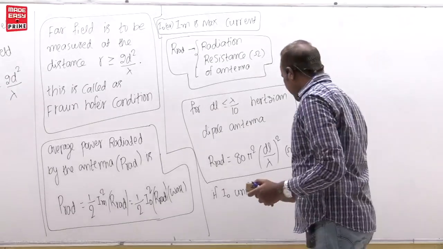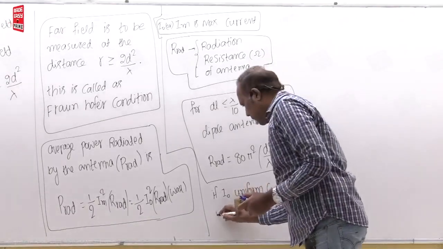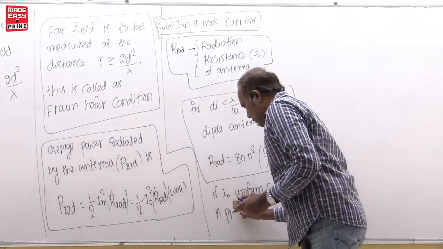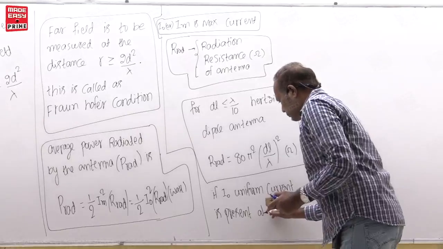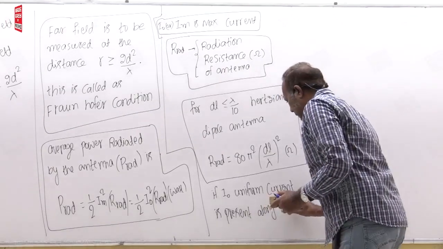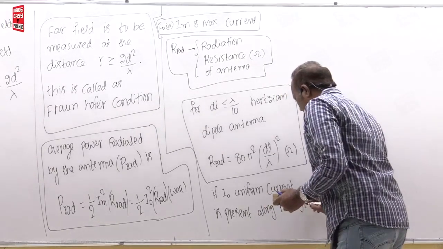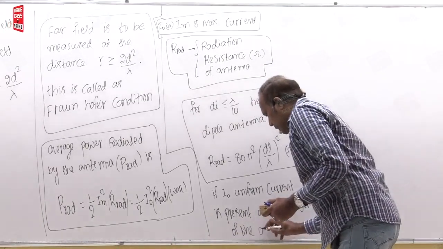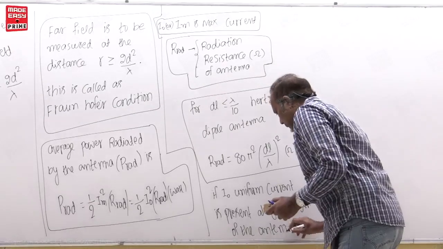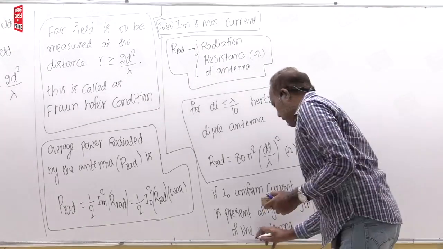So uniform current is present along the length of the antenna.